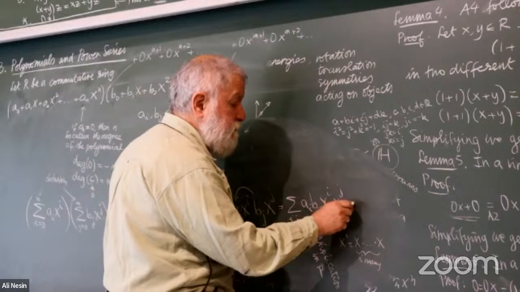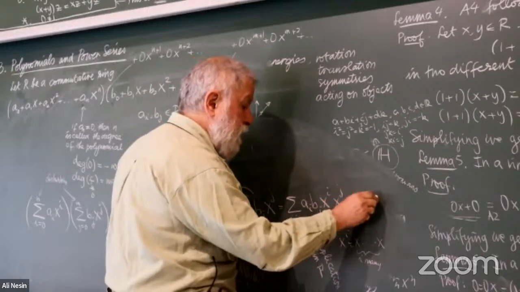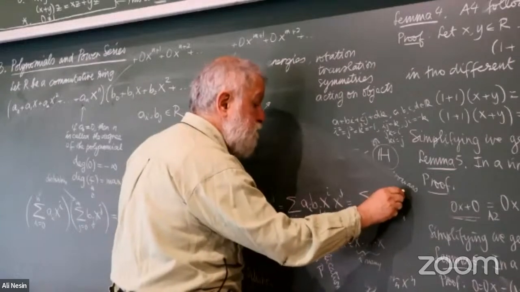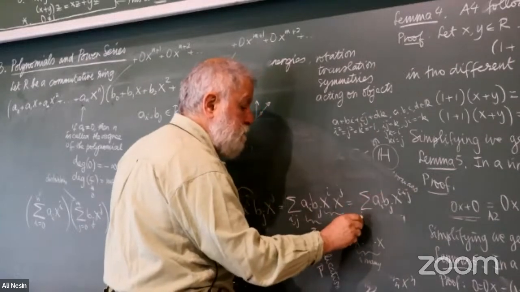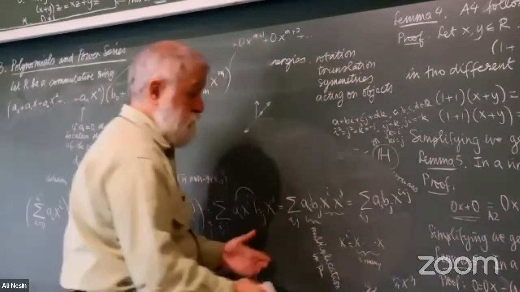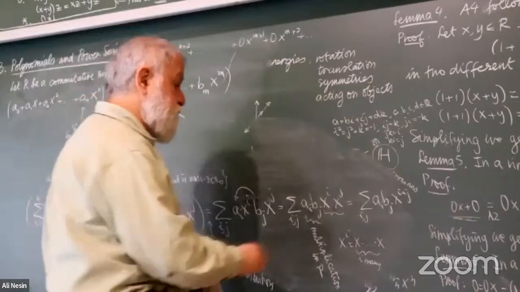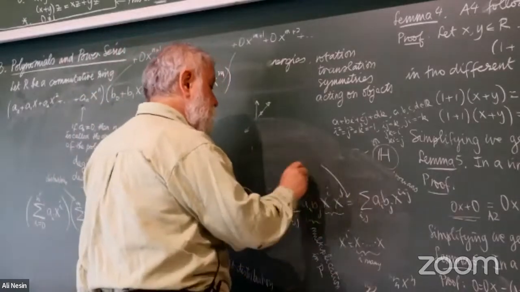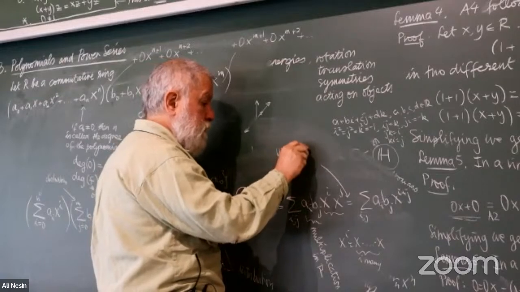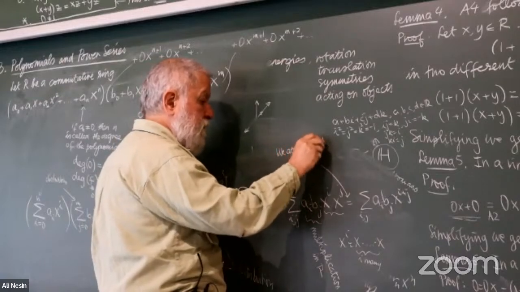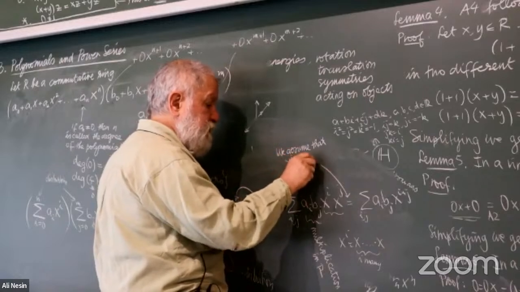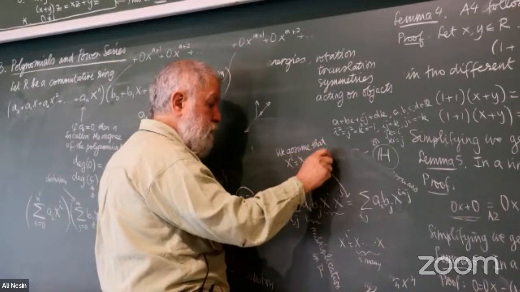This will be, of course, the sum of a_i b_j x to the i plus j, for all i, for all j. We assume that x to the i is equal to x times x times x, i many.